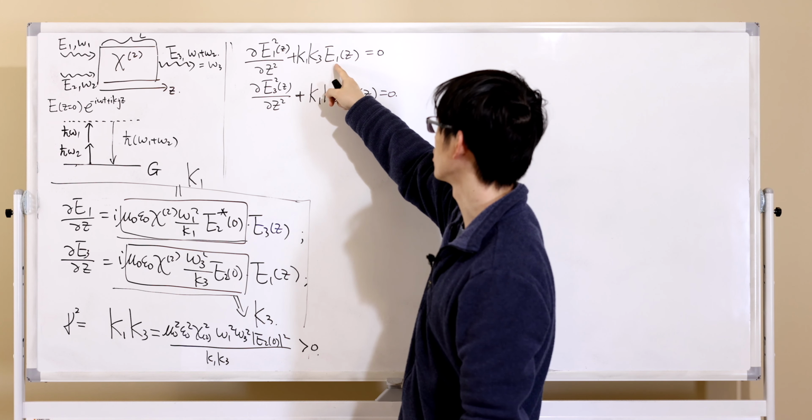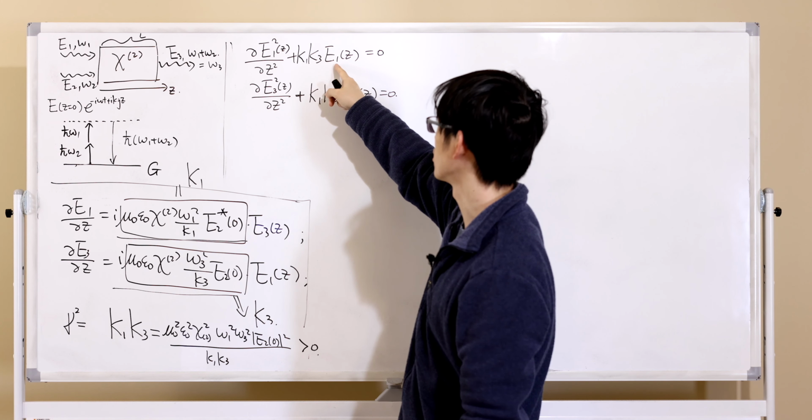So usually you can assume n1 is very close to n3, so this coefficient really doesn't matter that much. The factor that really contributes to the magnitude of E3 here is omega 3 divided by omega 1, right?